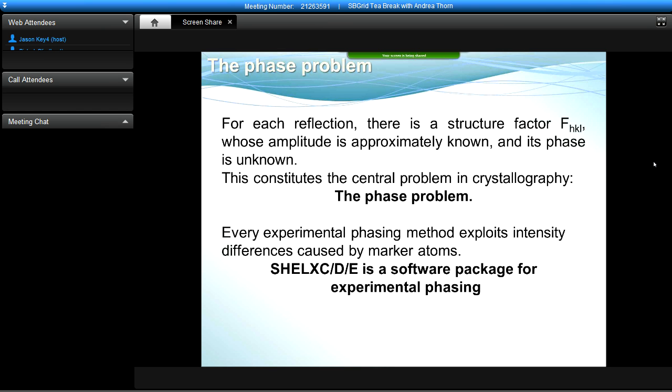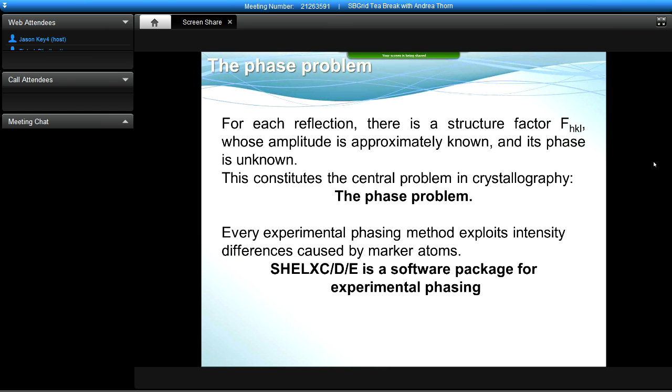Every experimental phasing method exploits differences in the measured intensities that are caused by some kind of marker atom. So in SIR or MIR, that might be soaked-in heavy atoms. In SAD, that might be native sulfur or selenium in selenomethionine. In RIP, radiation-damage-induced phasing methods, that might be atoms that have been removed or partly removed by the radiation damage.